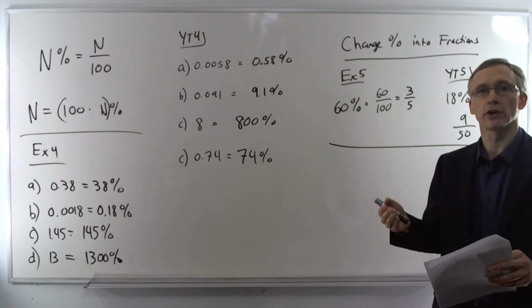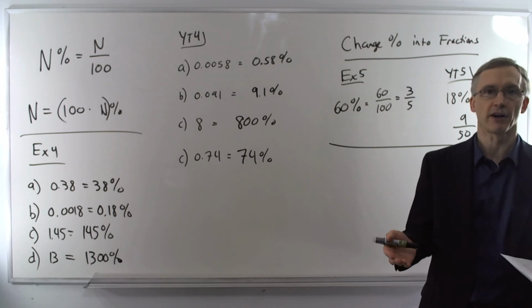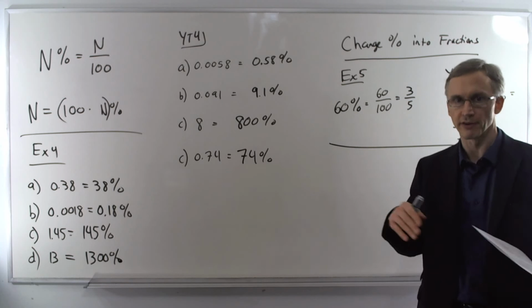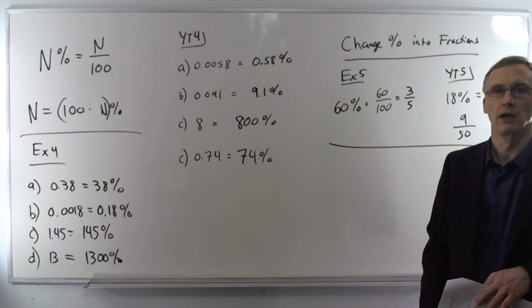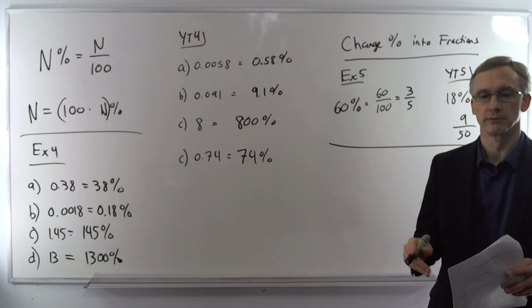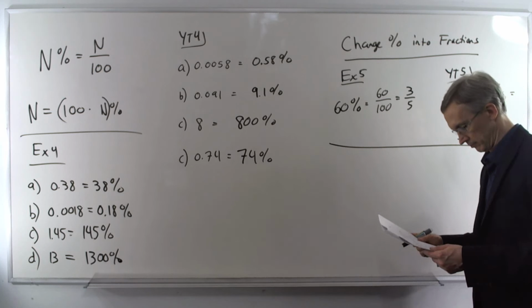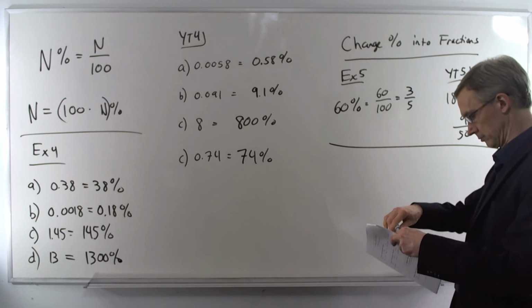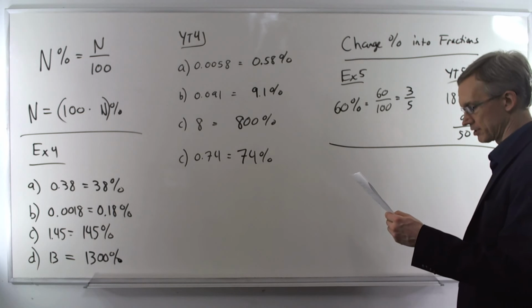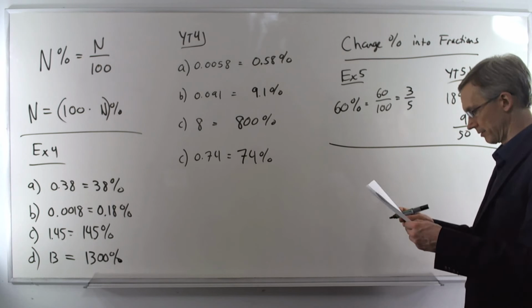If we're going to do further calculations, the improper fraction is better. So you always need improper fractions to do calculations like multiplication, division with fractions. But a mixed number is better for conveying information. So we're going to convert 235% to both an improper fraction and a mixed number.